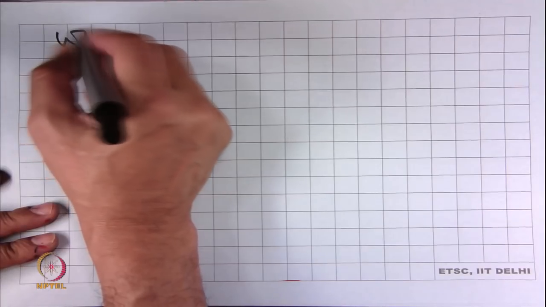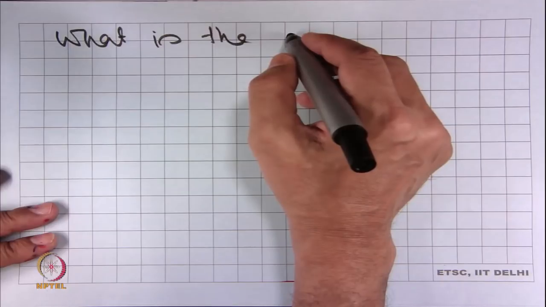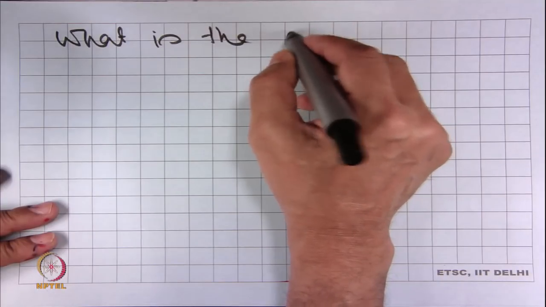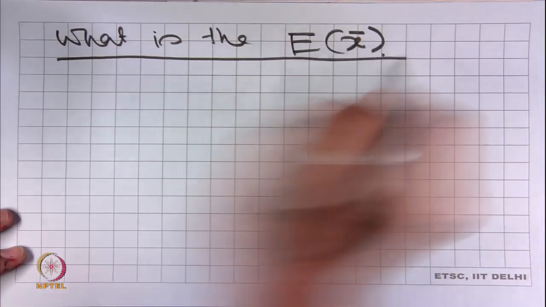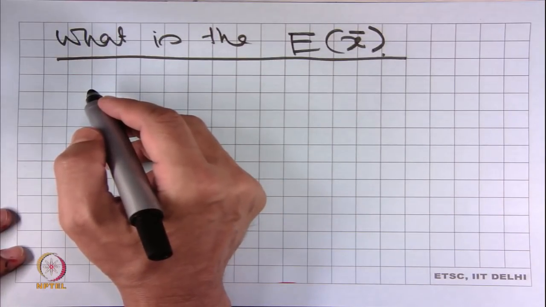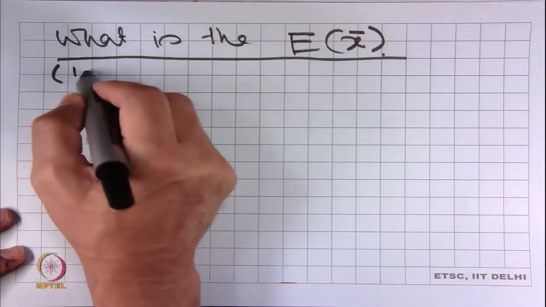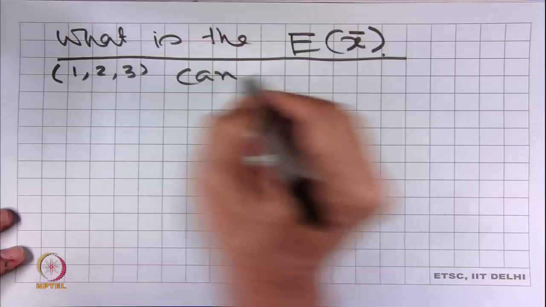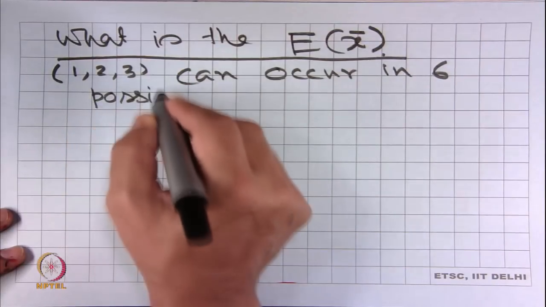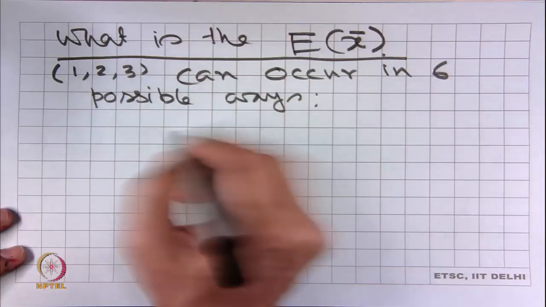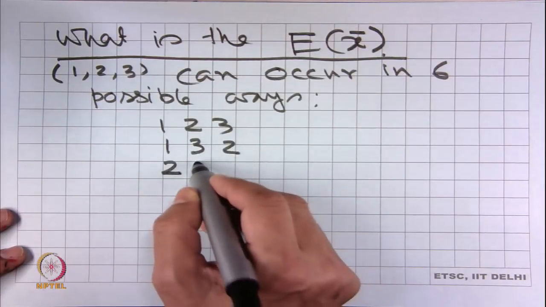What is the expected value of x bar? We know that when we are sampling without replacement, the same triplet, 1, 2, 3 suppose, can occur in 6 possible ways, because of the permutation that we know, but for your clarification, I may take them in these 6 different orders.